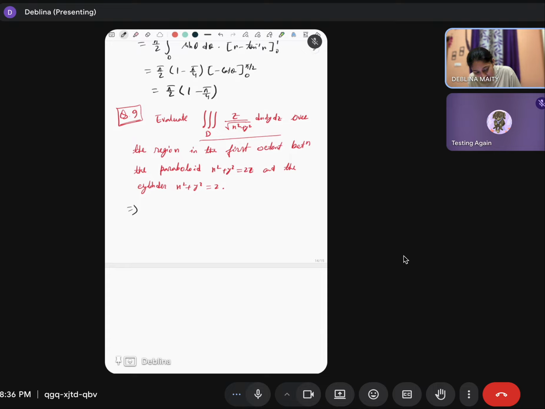Now the cylinder looks like this, right? This is the cylinder. Suppose this is the cylinder, x square plus y square equals 2. Okay. And what does the paraboloid look like? It is like an umbrella over this, a parabola, right?